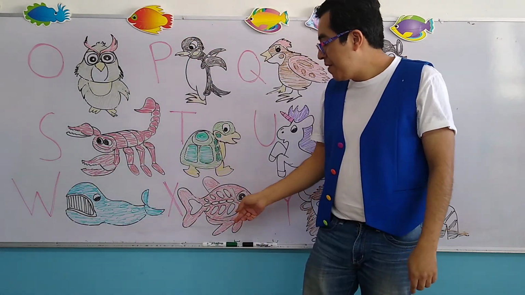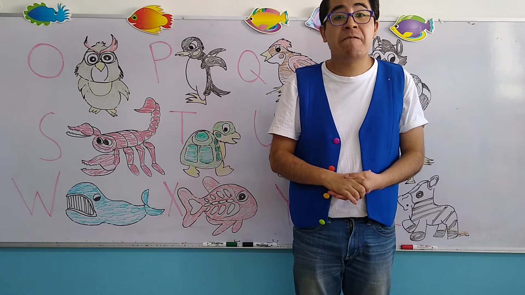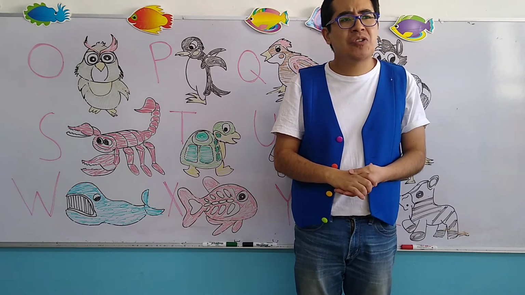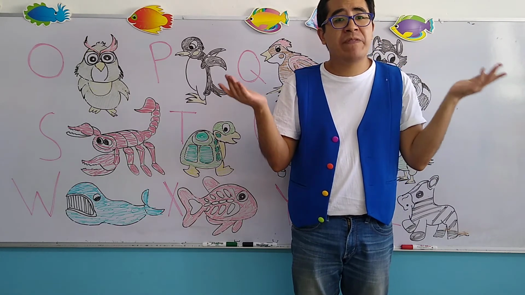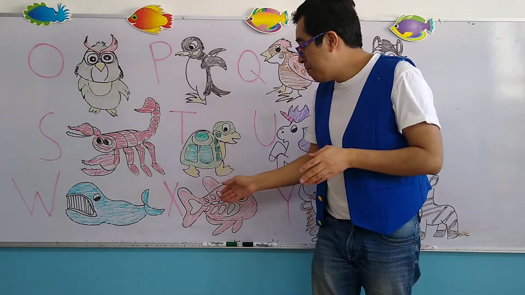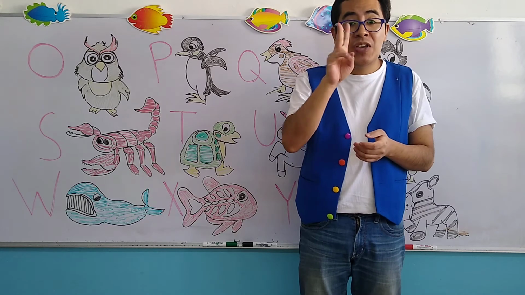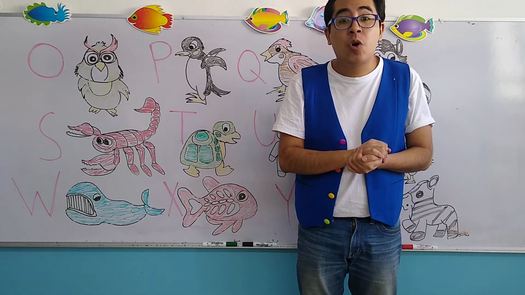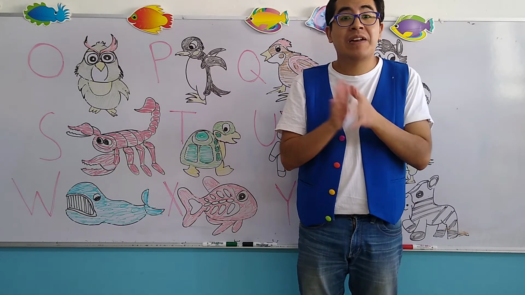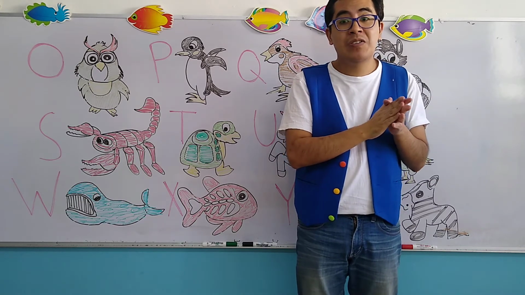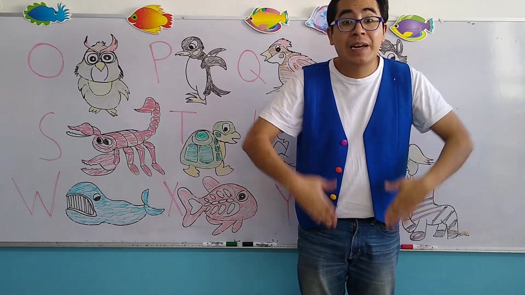Then we have the X-ray fish. Now, teacher, what is an X-ray fish? First of all, it is a fish, so it's an animal of the sea. Second, it's called X-ray, se le llama rayos X o pez rayos X porque podemos ver a través de él.